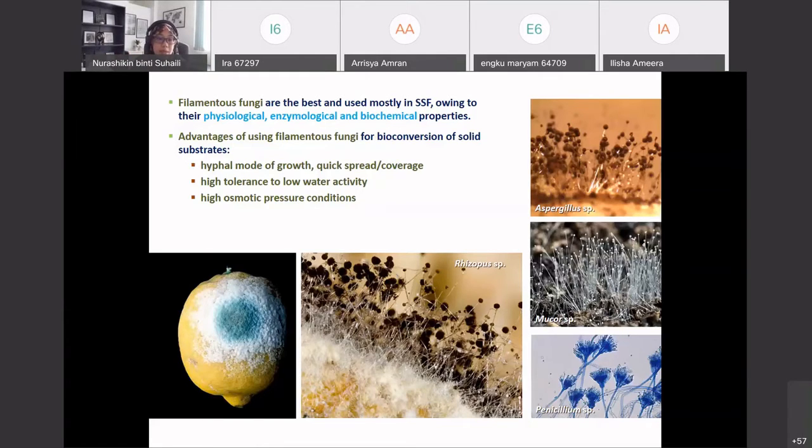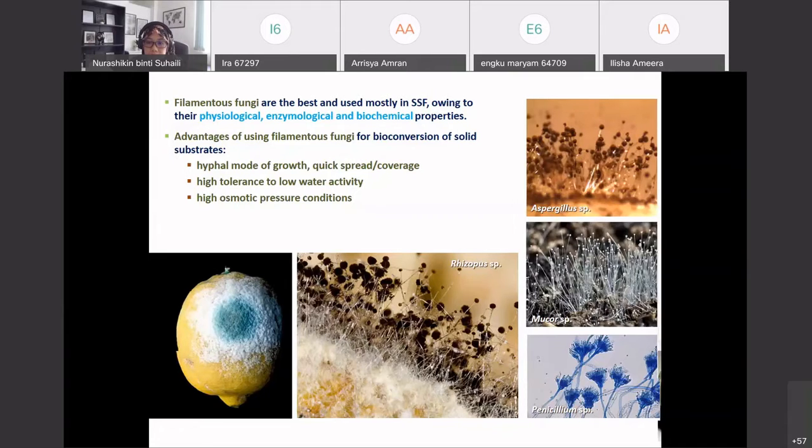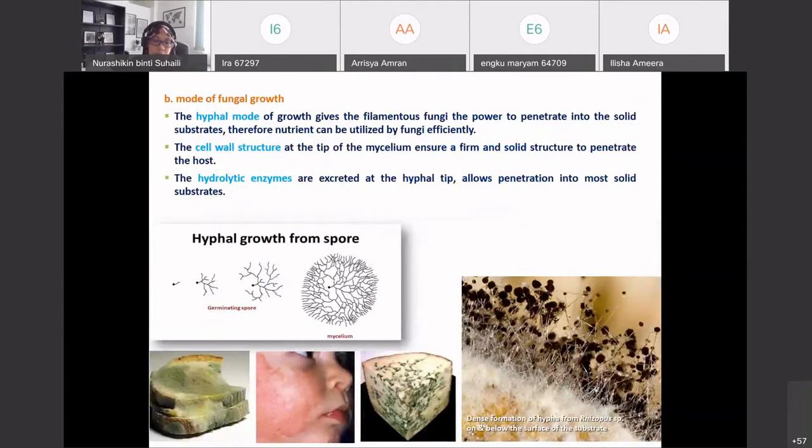So fungi can resist high osmotic pressure compared to bacteria or yeast. Okay, but it's not that there is no bacteria or no yeast that can be fermented on solid state substrates, but there are a few, not as many as fungi. Okay, still on fungi.